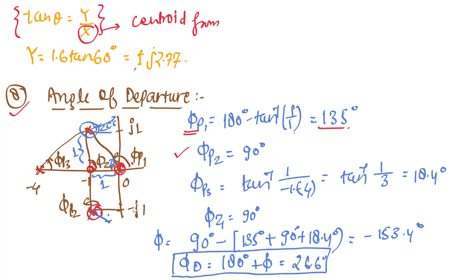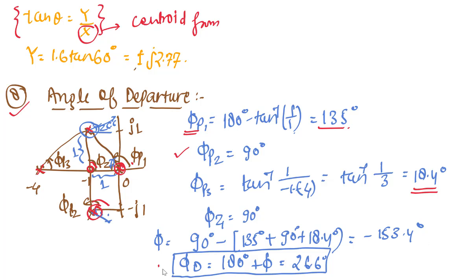Similarly phi p2 we can see directly is nothing but 90 degrees. Phi p3 is tan inverse 1 upon 3, that would be 18.4. Phi z, we can directly see, is a 90 degree angle. Overall phi will be angles due to the zeros minus angles due to the poles. So the angle due to the zero is 90 degrees minus the sum of all these angles, and we get minus 153.4.